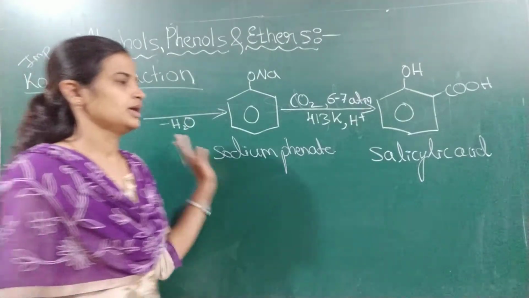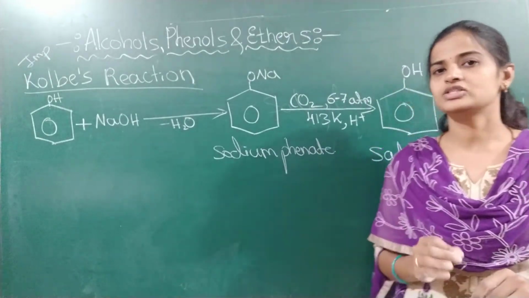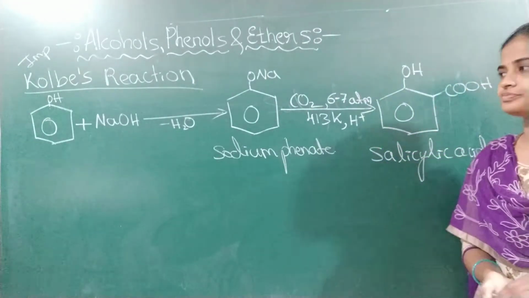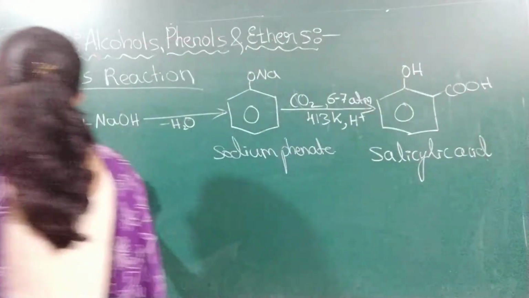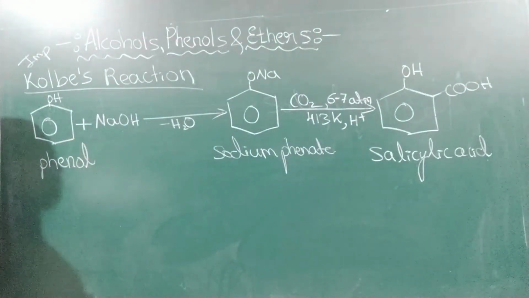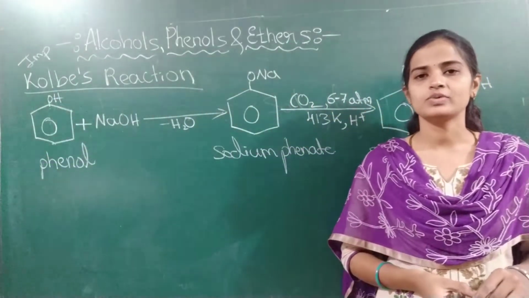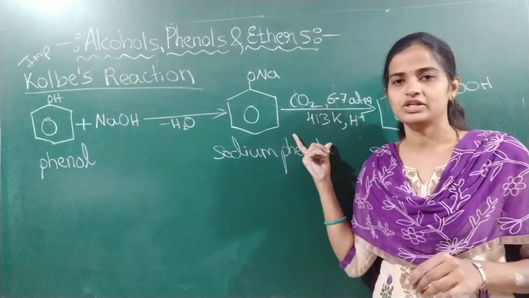Got it? This is about Kolbe's reaction, which is very easy as well as very important. Whenever you are writing the reactions, you should write the name of each and every reactant as well as product, and the conditions mentioned.